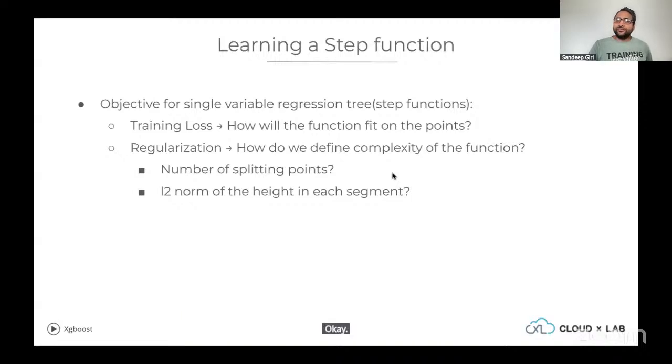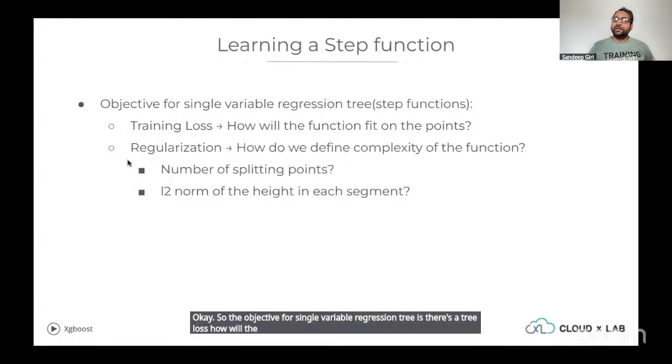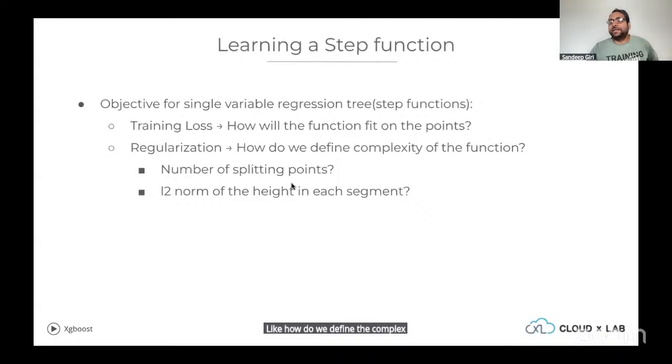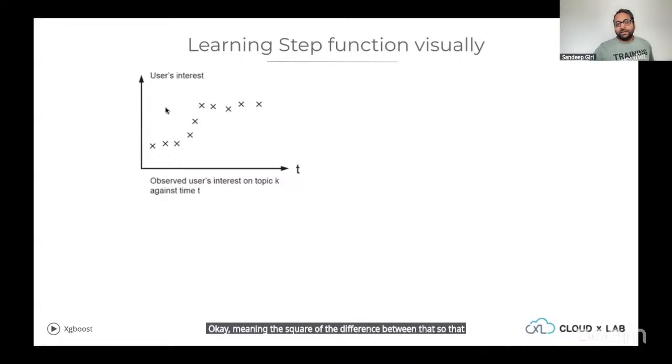So the objective for a single variable regression tree is the training loss, how the function fits the data points, and the regularization loss. How do we define the complexity function? How many splits do we have? And second, the L2 norm of the height of each segment, meaning the square of the values.